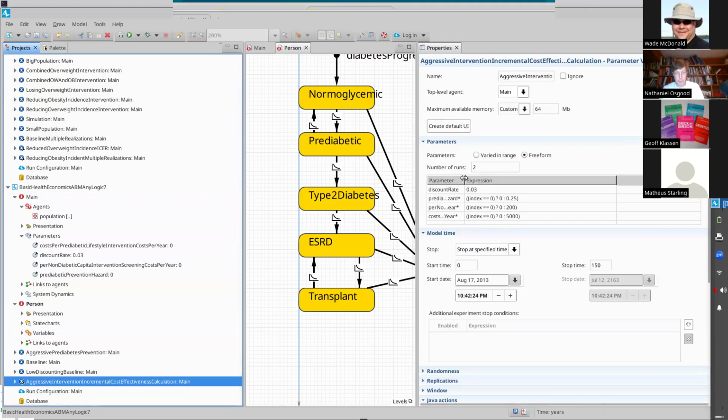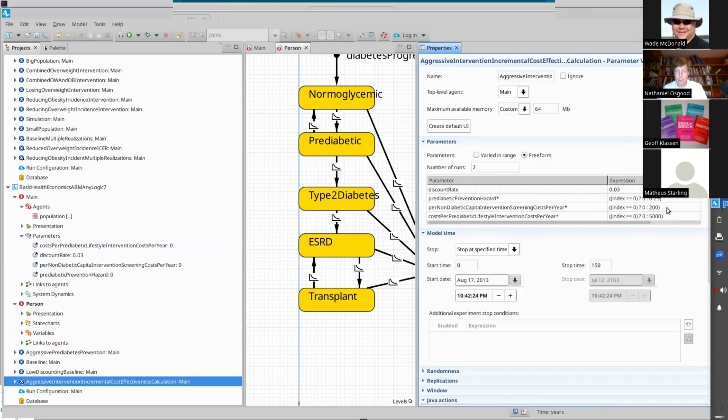Similarly, for the per non-diabetic capita intervention screening costs per year, it is 0 for the baseline, and 200 for the intervention case, because that's where we're performing the screening. In the baseline, we're not performing the screening. That's the idea.